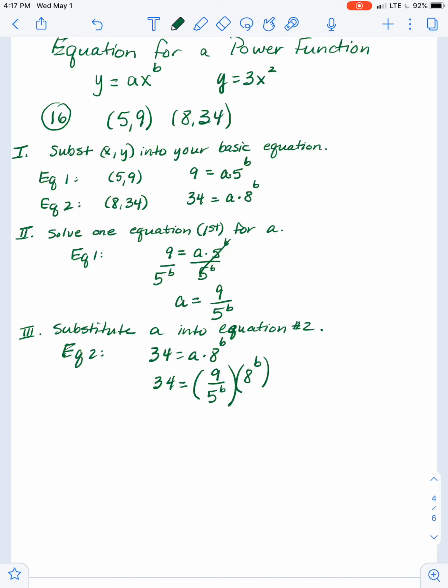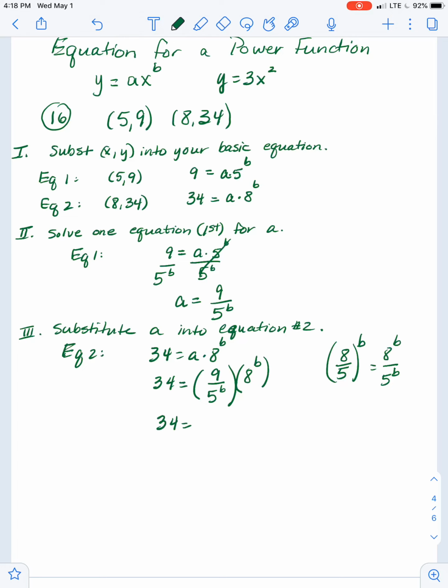Next step, and let's make sure you understand what we're doing here. Because both of these are to the b power, if I have each one of these to the power, I could write it as one fraction to the power. It's kind of a backwards thought process.